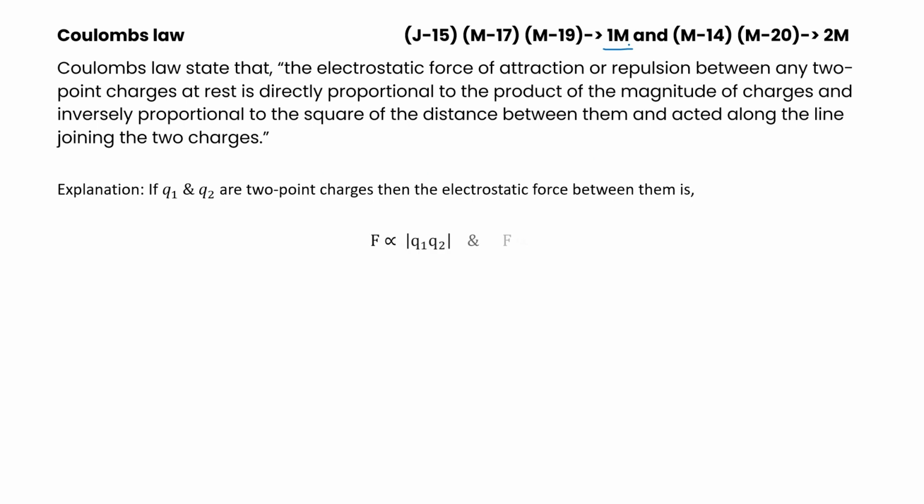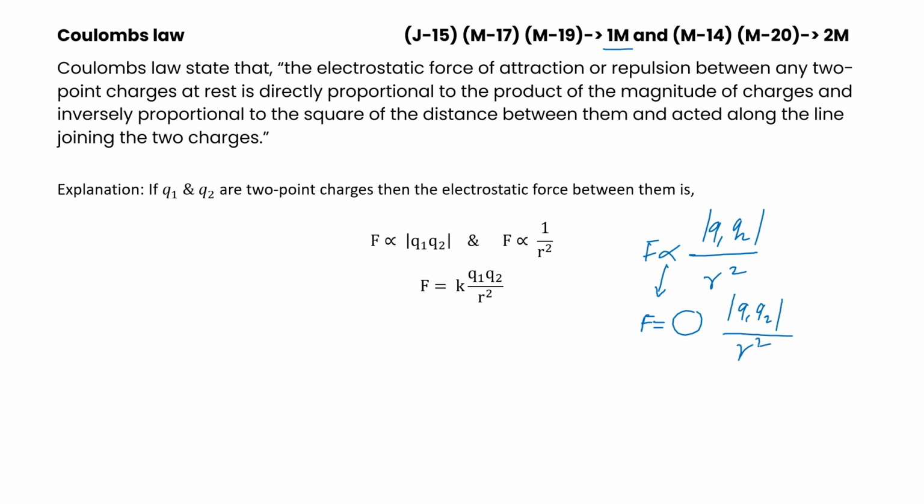Next, the explanation whatever I explained is here. Force is directly proportional to the product of the magnitude of the two charges and inversely proportional to the square of the distance. Now when we convert this proportionality into equality, there is the absence of some constant value. Only then will it become equal.